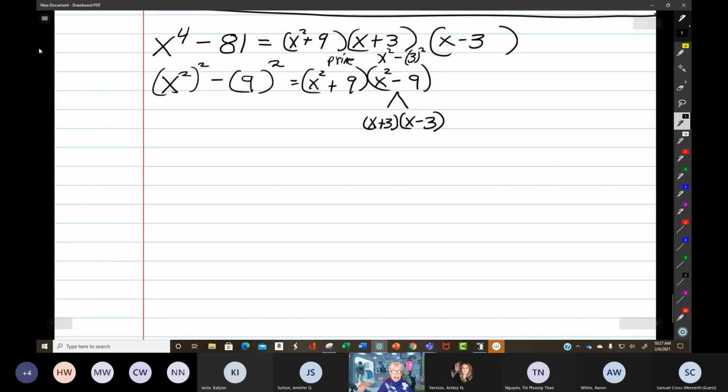X to the fourth is x squared squared. So you end up writing it like this, and then boom, it can be factored by the difference of two squares. Okay, very good, thank you. You're welcome. Good, thank you for asking. Other questions?